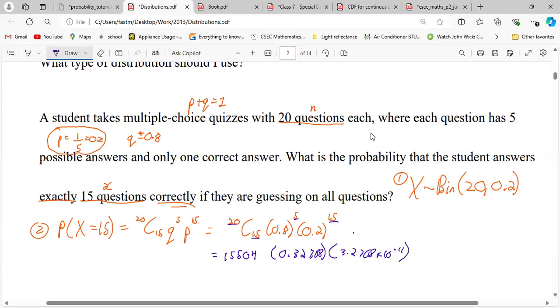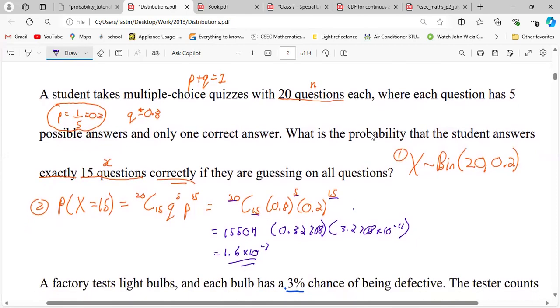So you multiply that by 0.32768, multiplied by 15504. Right, so that's a very small number, and that'll be the answer.